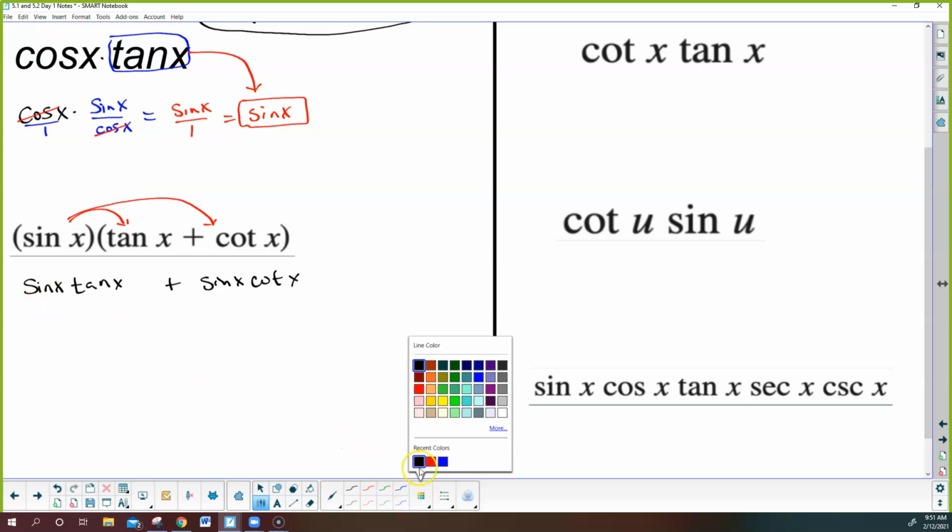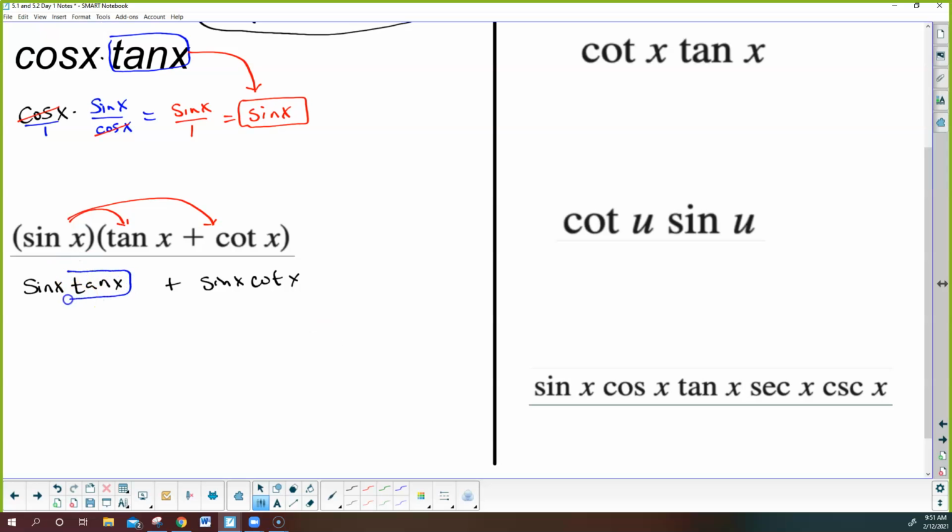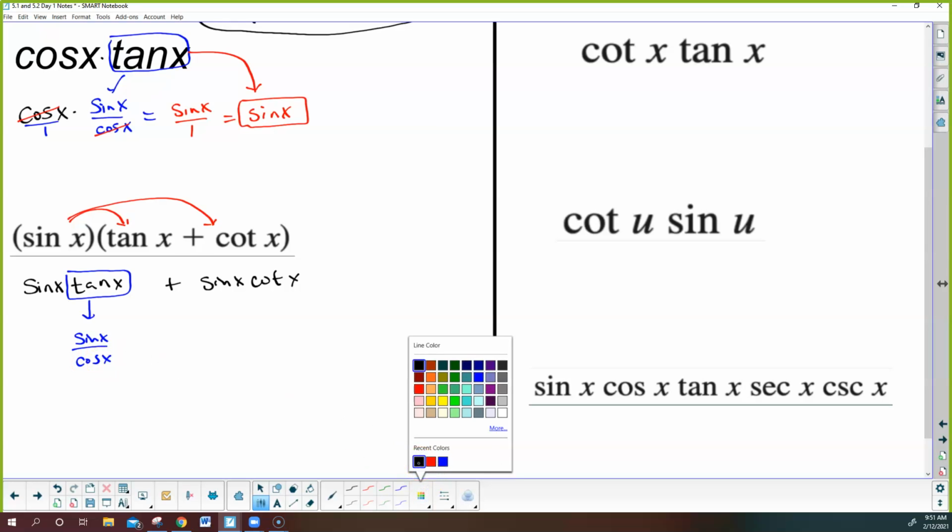I've got tangent. I know what tangent is equal to. So I'm going to replace tangent with the same thing I replaced tangent here, sine over cosine. And then this sine, originally right here, is going to stay.